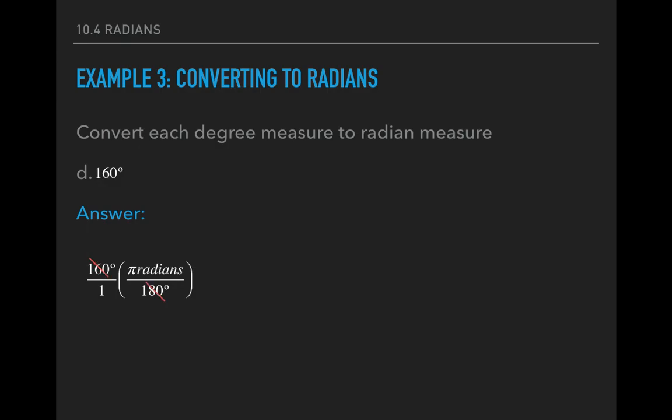Both those end in 0, so they're divisible by 10. 16 and 18. Can that be simplified? What is the largest number that can divide into both of those? Let's see. Oh, it's just 2. So that would be 8 and 9. So we're looking at 8 pi over 9.